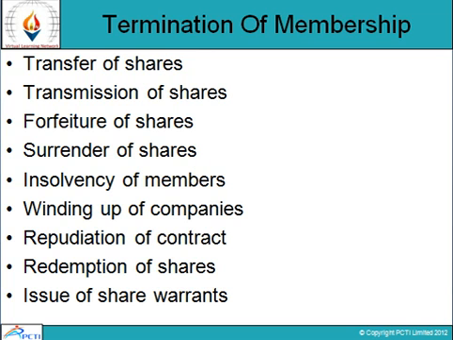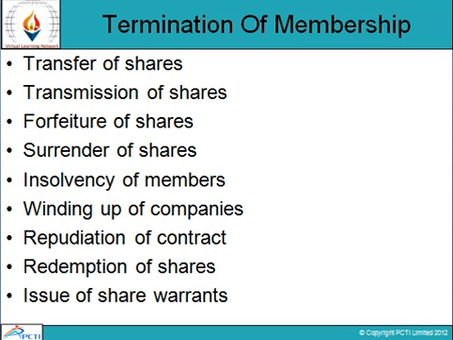Repudiation of contract. If he repudiates the contract to take shares on the ground of misrepresentation or mistake in the prospectus or on the ground of irregular allotment. Enforcement of lien. Redemption of shares.